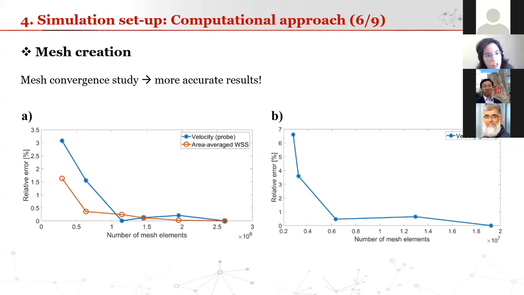For this creation of the mesh, I won't go into detail. I just want to tell you that the more elements you use, the more accurate your results will be, because you're approximating the geometry better. So we had to choose a good amount of elements to represent the geometry properly.